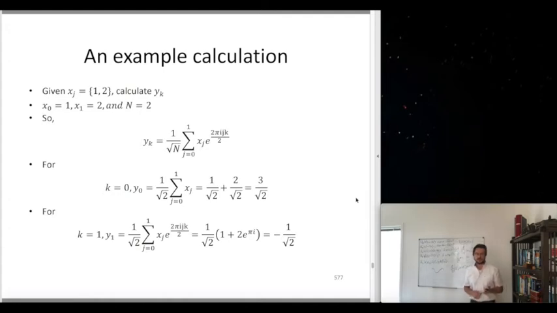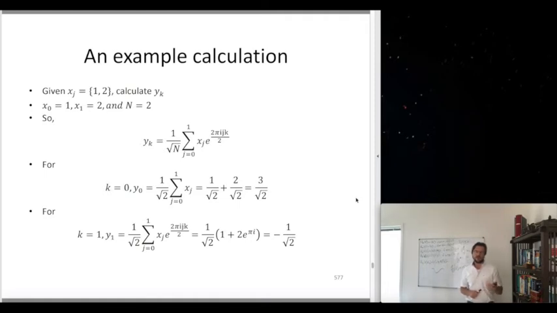And for k equals 1, same procedure here, except that you will not get rid of that whole exponent here. So you will have 1 plus 2 e to the power of i pi, okay, because k equals 1 in that case. And the result then is minus 1 over the square root of 2.